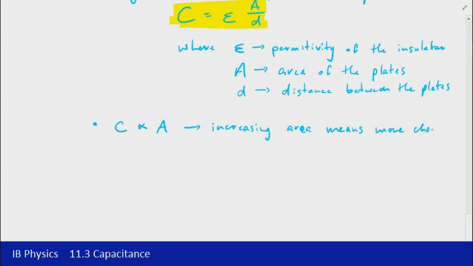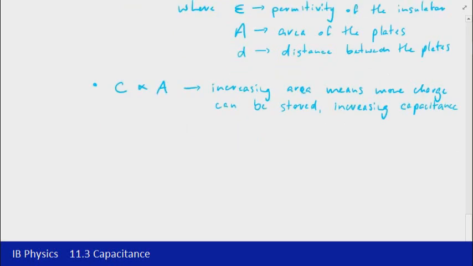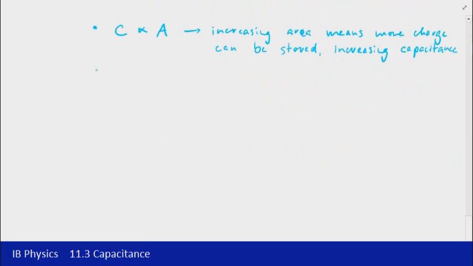And if more charge can be stored for 1 volt, then we've increased the storage capacity, and so capacitance increases. Fairly straightforward, that one. It makes sense that if you've got more space to store charge, then you can increase the storage capability, and so the capacitance will increase.